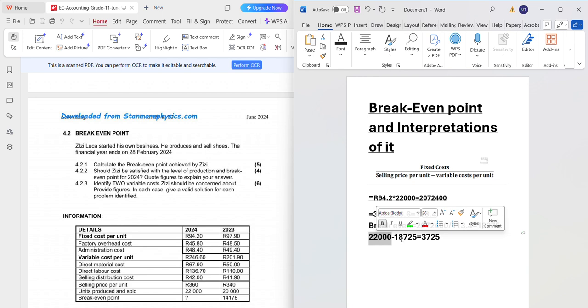So this is good because we produced more than our break-even point. If we take our selling price multiplied by this, we'll get our profit. So we made extra units of 3,725. So that's good. So the answer is yes, and I've explained why.